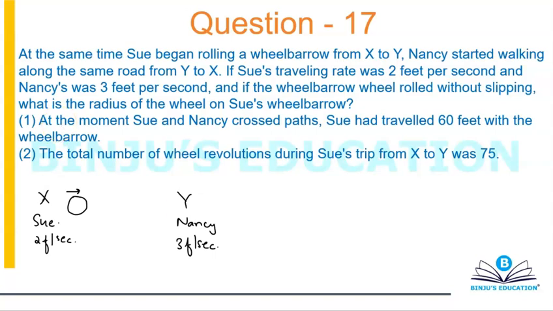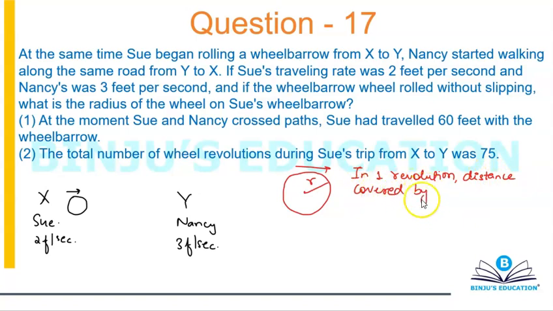Now, whenever you have a circular thing that is basically rotating, considering that the radius is r, you can say that in one revolution, the distance covered by the wheelbarrow will be equal to 2 pi r, that is basically equivalent to the circumference. Now, what's the question?